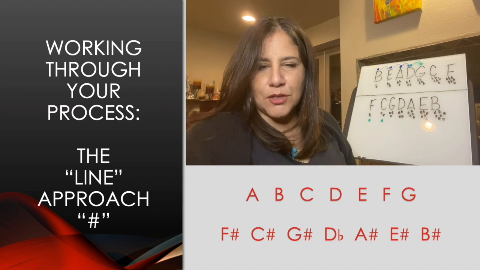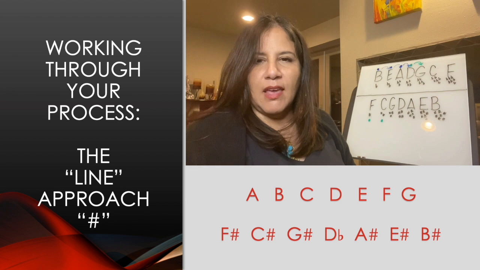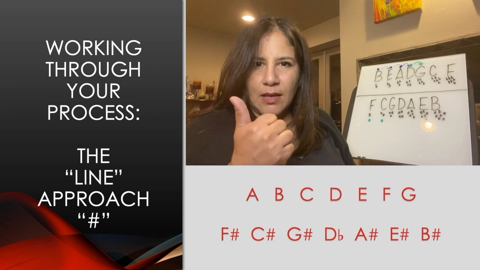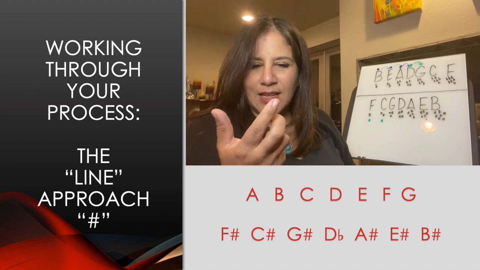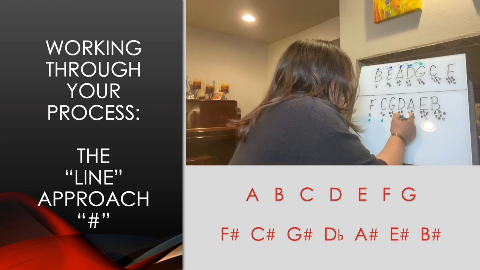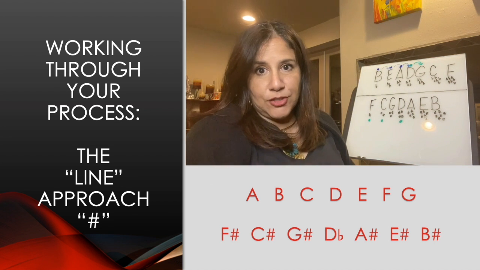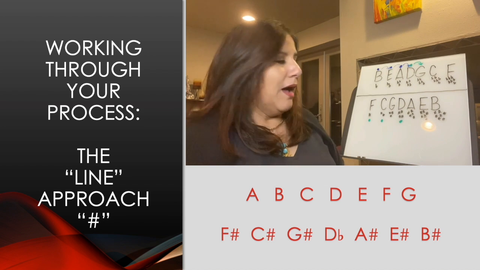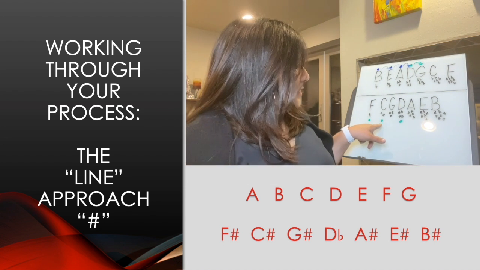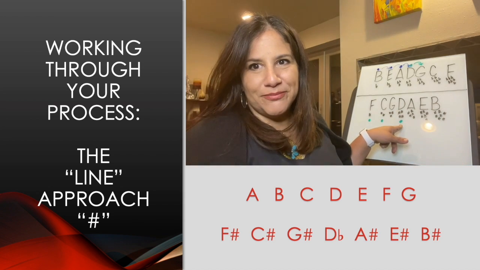So then you ask yourself, what letter comes before E in the alphabet? A, B, C, D. So you plot your D. That's your last naturally occurring sharp in an E major scale. But that means you have an F sharp, a C sharp, a G sharp, and a D sharp.